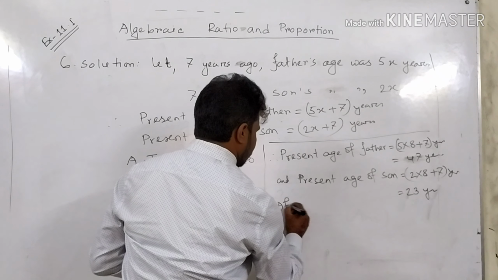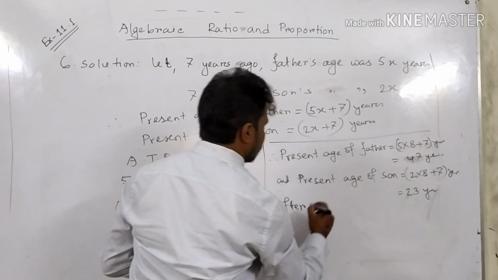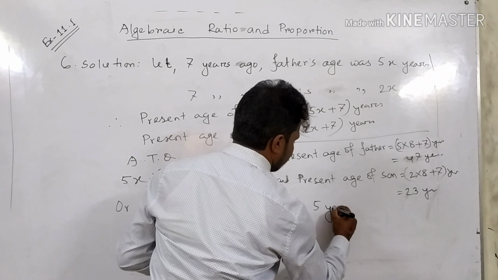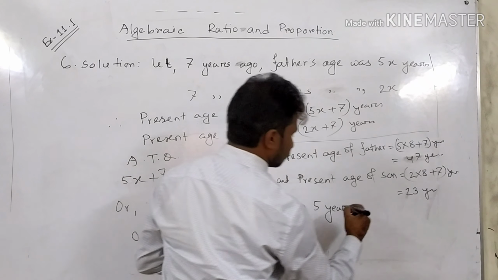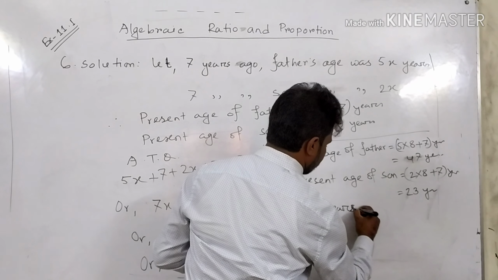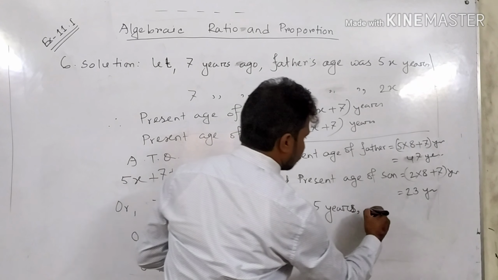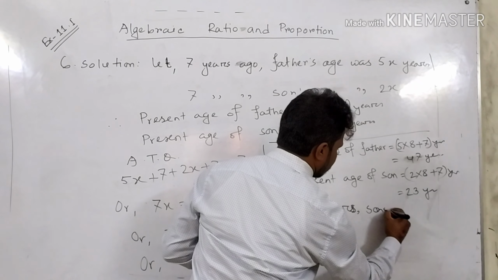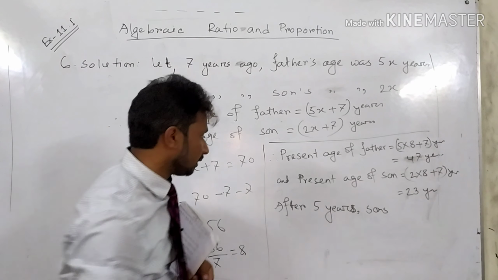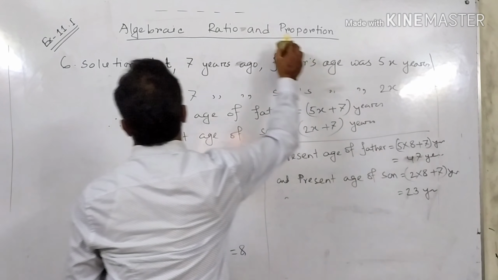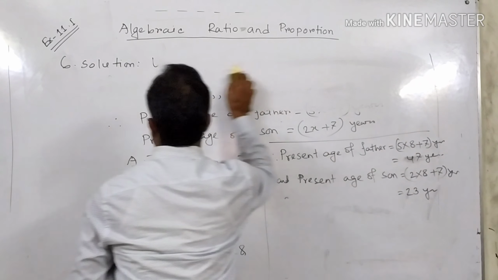After how many years? After 5 years, son's age will be how many? I am not getting enough space to write here, and if I write it will be difficult for you to understand.